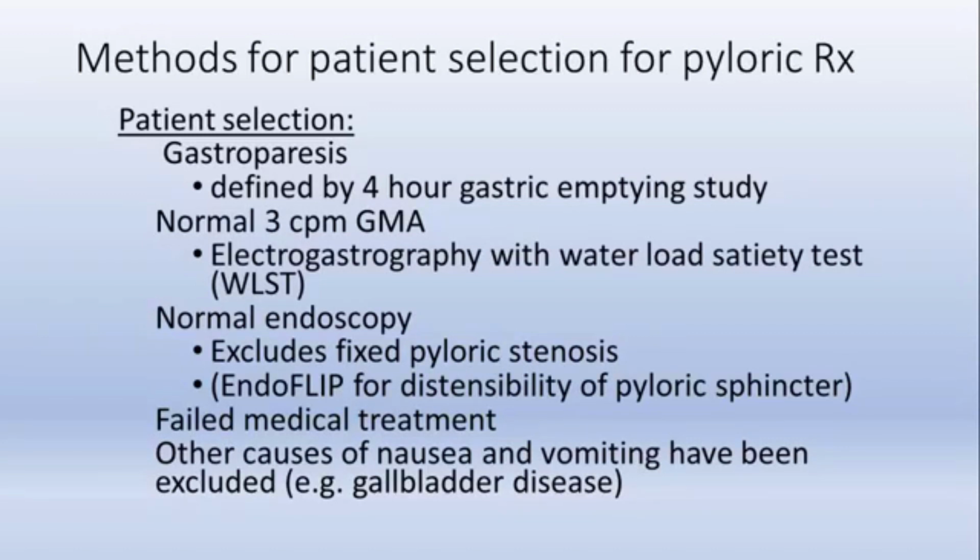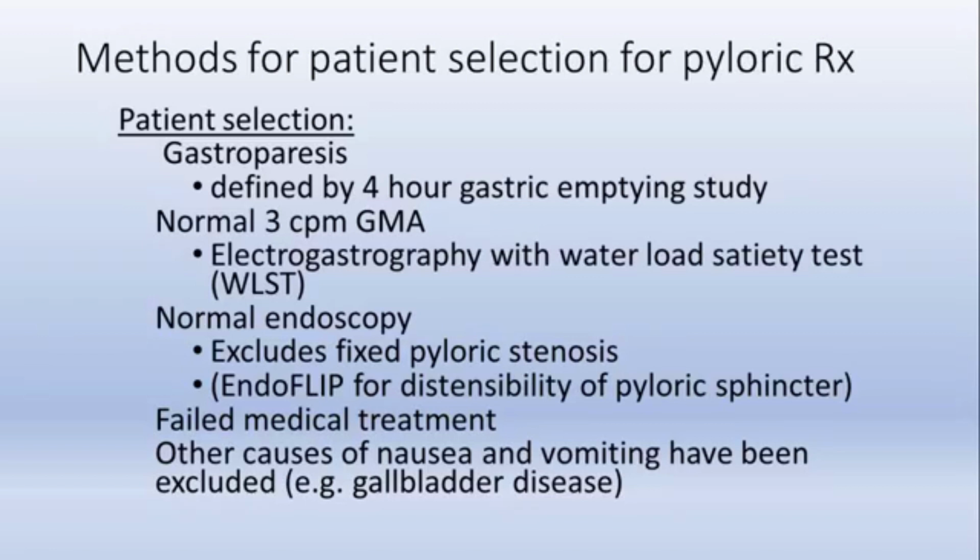You've had endoscopy, which shows there's no obstruction, there's no fixed stenosis at the pylorus. There's a device called the EndoFlip, which we can now use with the scope. When the patient's asleep, it actually measures distensibility of that pylorus. So we're getting more data about the pylorus distensibility, spasm, if you will.